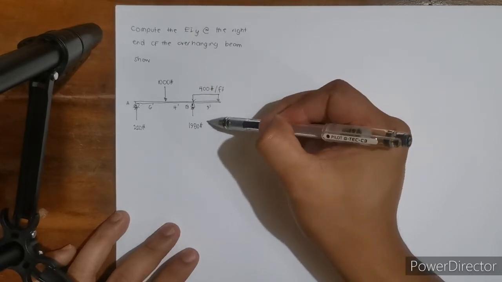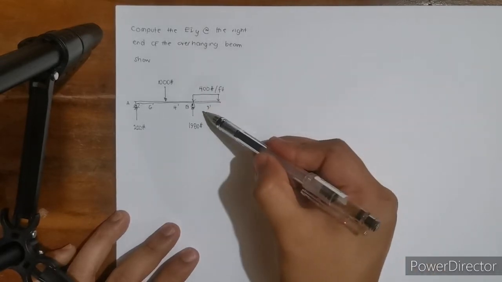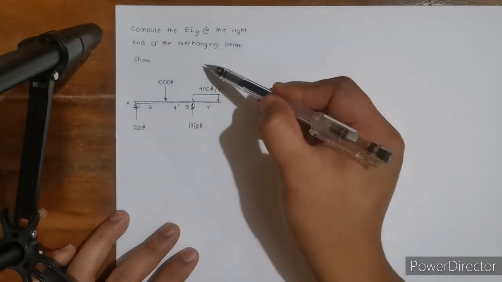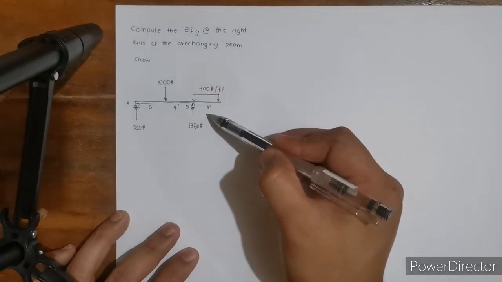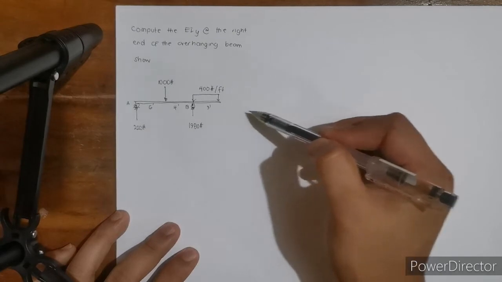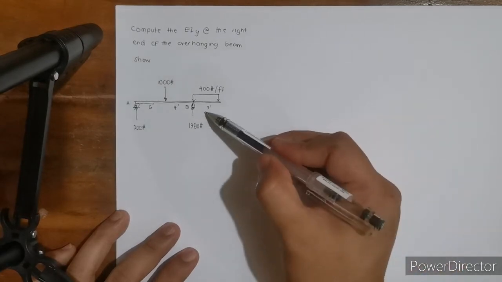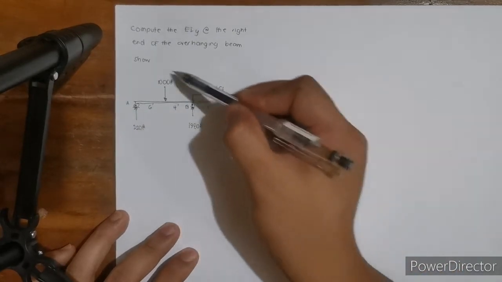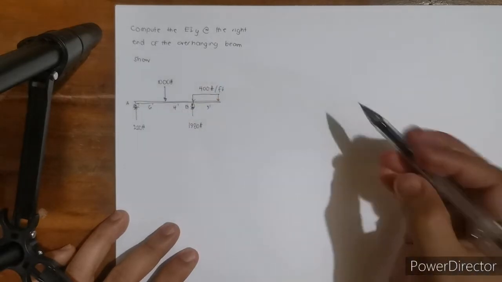So, pag hinati natin dyan, dalawa po yung section na magagawa natin: left side section and then right side section. Ang i-consider lang po natin yung nasa left side para makonsider natin yung iba pang reactions.